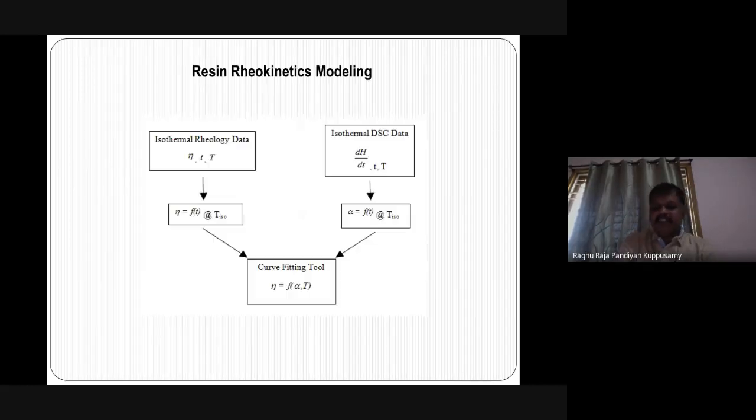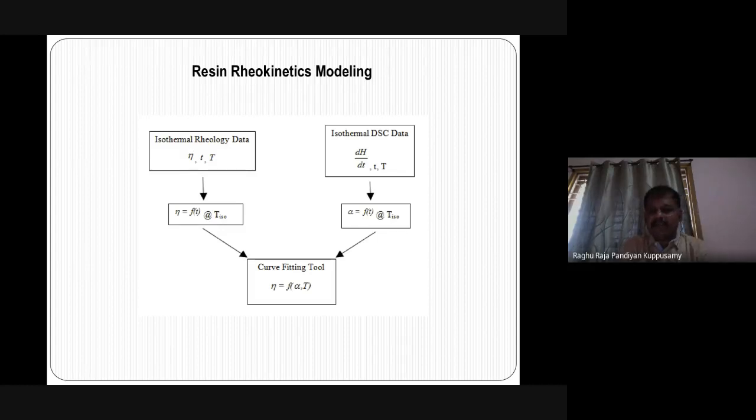Next is rheokinetics: how the viscosity changes during the process. In this case, we use a viscometer or rheometer, coupled with isothermal DSC data as well. From the viscometer, you can get viscosity as a function of time at different isothermal temperatures.